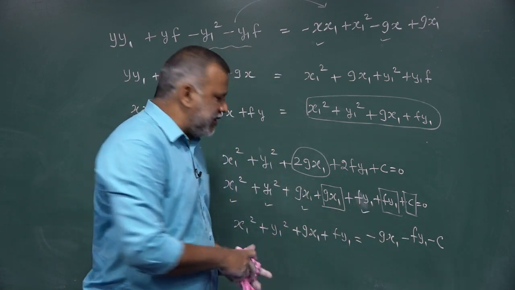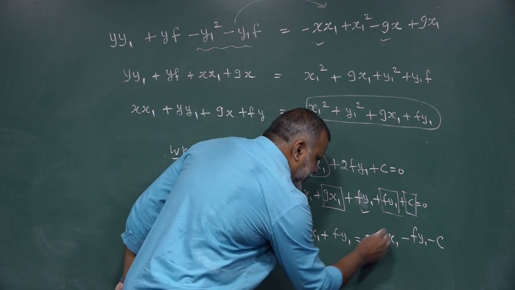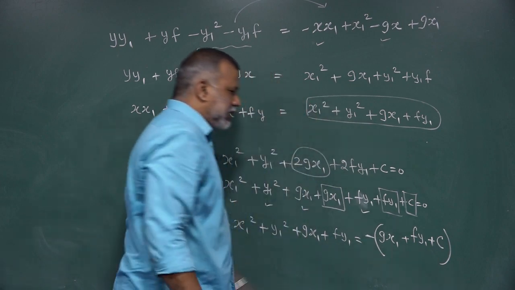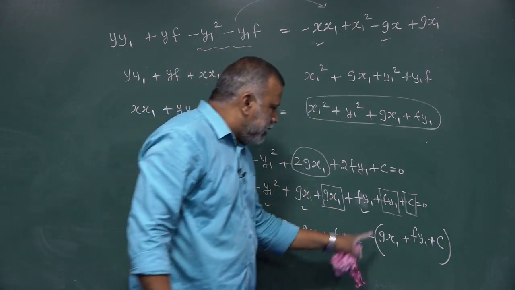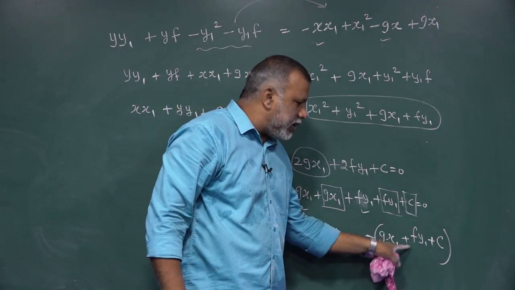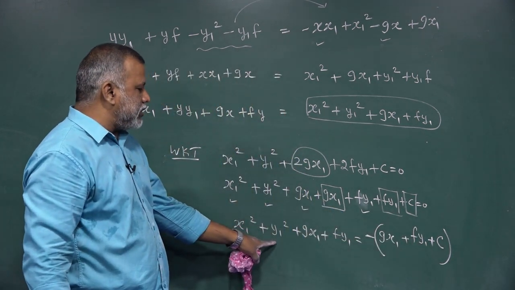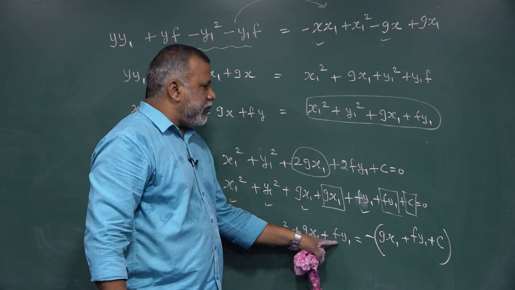Take out negative as common. So I can write: negative of gx1 plus fy1 plus c as the value of x1 squared plus y1 squared plus gx1 plus fy1. Substitute here.